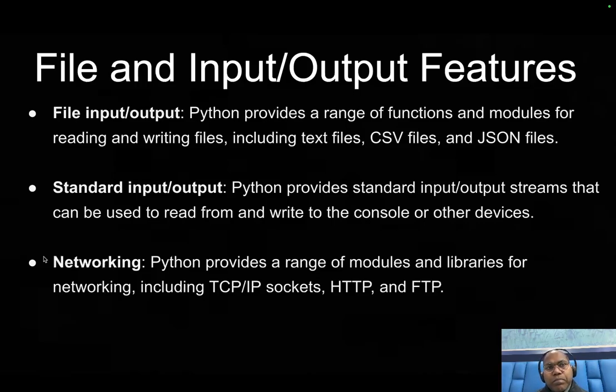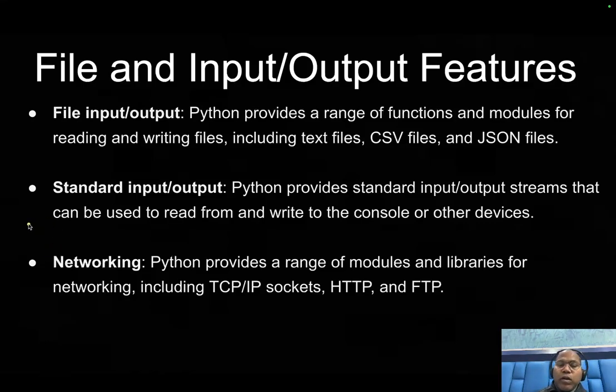Python also helps us work with files, because whenever you deal with data science, you have to read files, maybe large CSV or text files. You want to read them and process them.